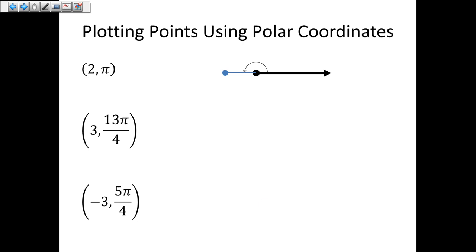Okay, now let's plot some points using polar coordinates. Here's another example. Again, 2 units at a direction of pi, meaning that we rotate halfway around the circle.